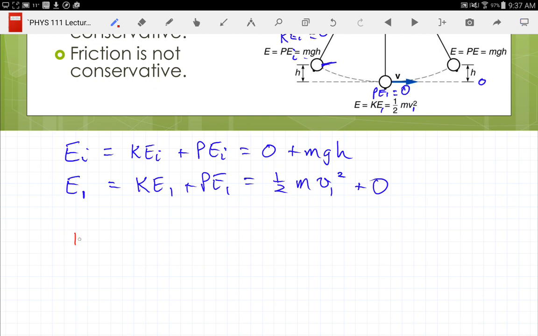So what I'm going to be able to do is compare my starting with my ending. So the mechanical energy initial is equal to the mechanical energy at the bottom, which gives me mgh is equal to 1/2 mv1 squared. And now I can immediately calculate how fast it's going to be traveling at the bottom based on where it started. So multiply both sides by 2 and divide by m.